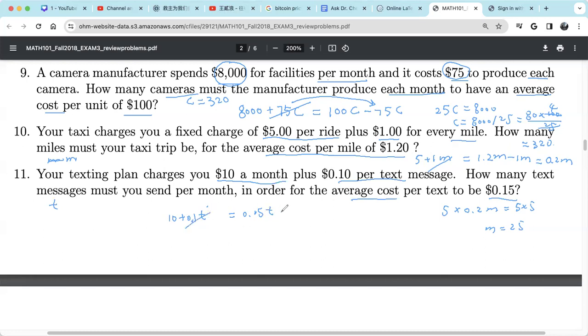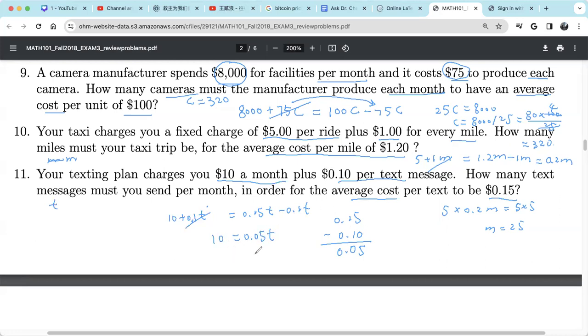We subtract 0.1T from both sides, or 0.15T minus 0.1T. Let's do this: 0.15 minus 0.1. We line up the decimal places. So 5 minus 0, and 1 minus 1 is 0, decimal, 0, 0. So we get 0.05T equals 10.